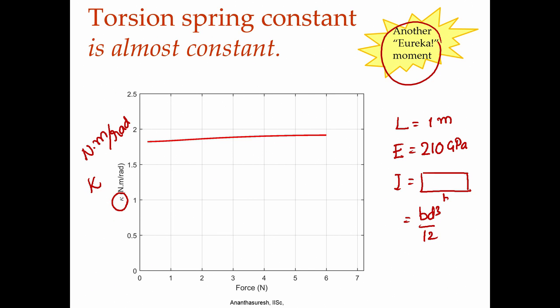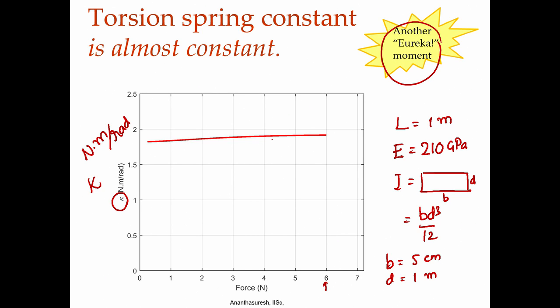B I took as 5 centimeters and D as 1 millimeter, and varied the force up to 6 newtons. When we do that, this torsion spring constant ought to be almost constant. Well, it is not quite exactly constant, but almost constant.